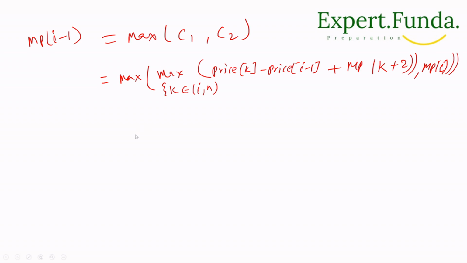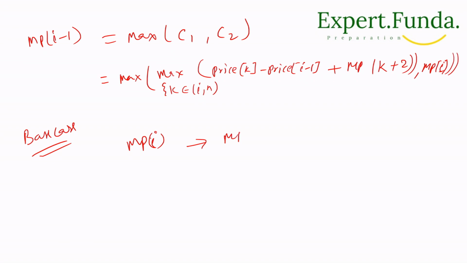By the way, the base case for our recursive function MP of I would be MP of n. So if this was our representation, now we will talk about the base case.